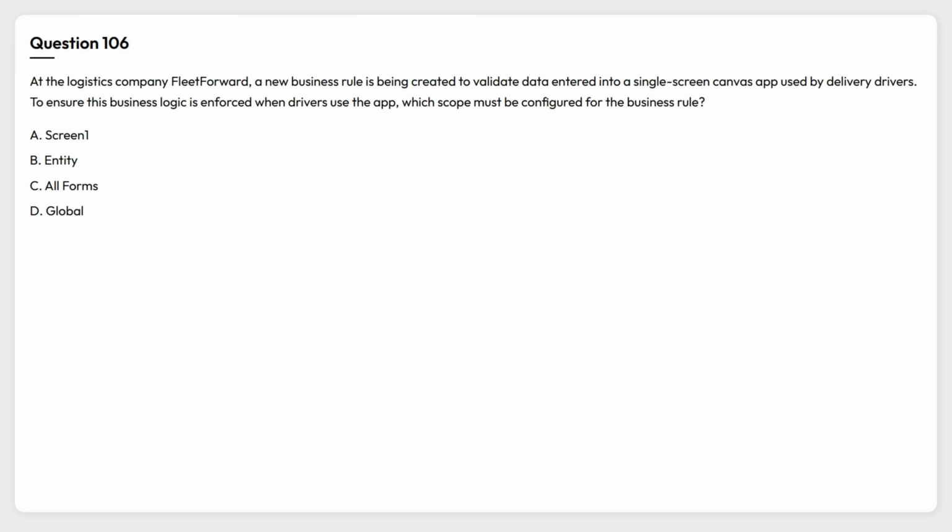Question number 106. At the logistics company Fleet Forward, a new business rule is being created to validate data entered into a single screen Canvas app used by delivery drivers. To ensure this business logic is enforced when drivers use the app, which scope must be configured for the business rule?